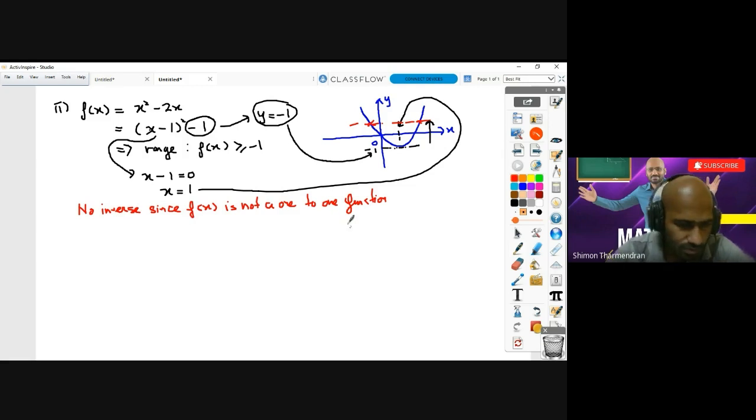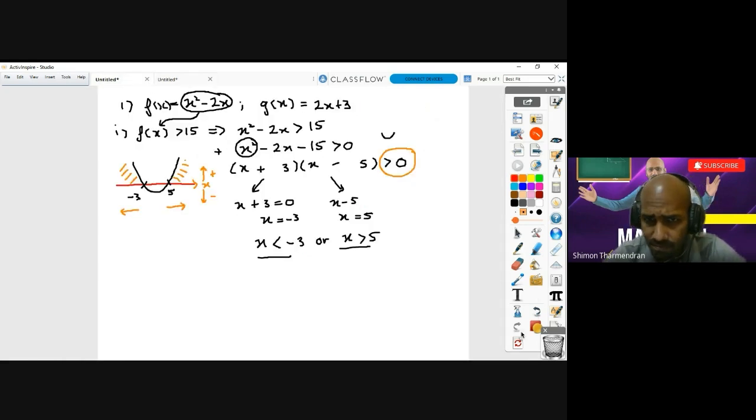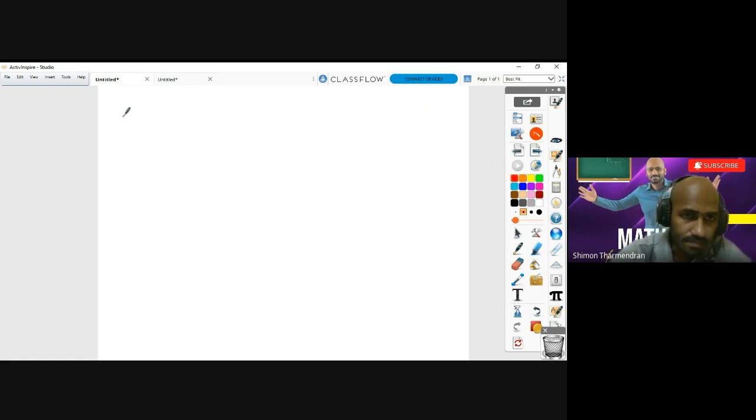And then we want to move on to show the expression of gf(x) equals 0 has no real solution. So let me just clear the page over here. Let me just rewrite the question.